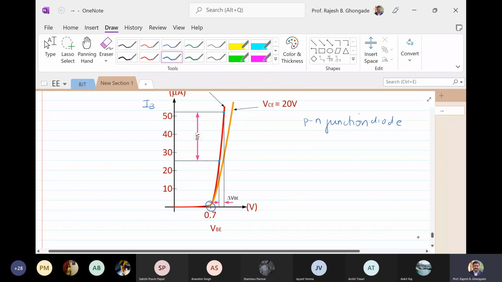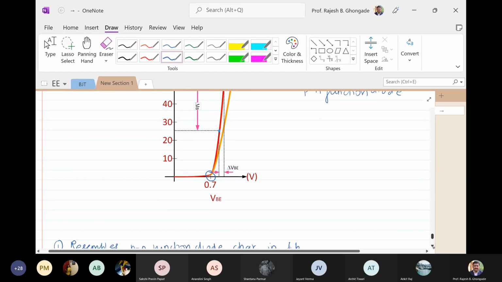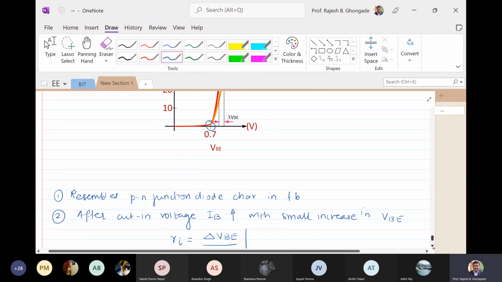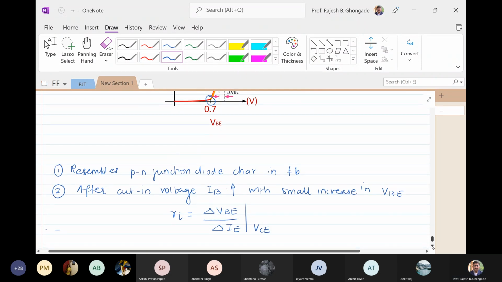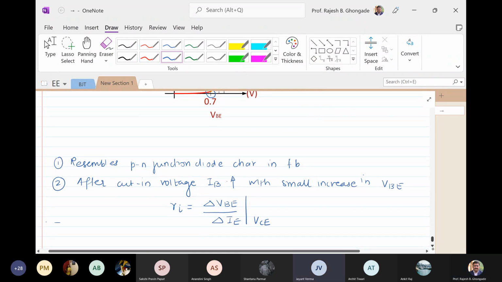So what can you say about the input resistance? Sir, it will be small. Yes, so I can say that the dynamic input resistance is small.